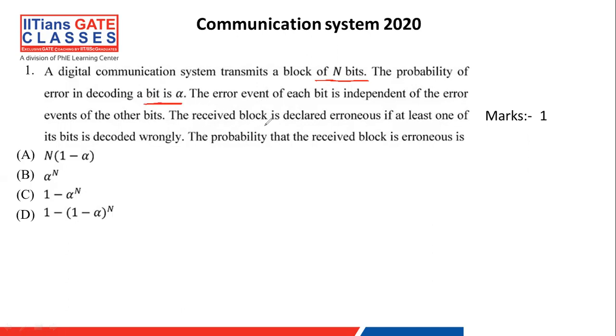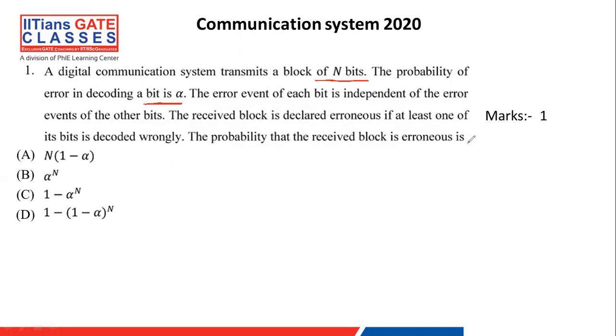The received block is declared erroneous if at least one of the bits is decoded wrongly. So we need to find out the probability that the received block is erroneous.